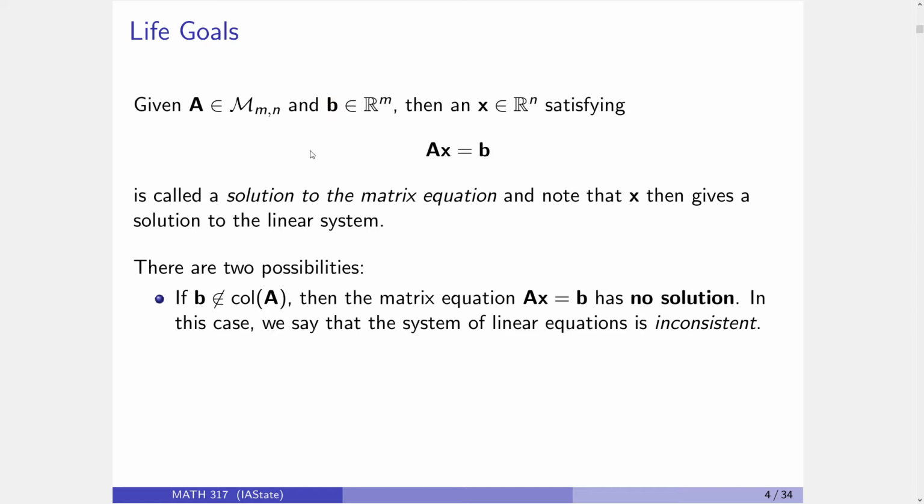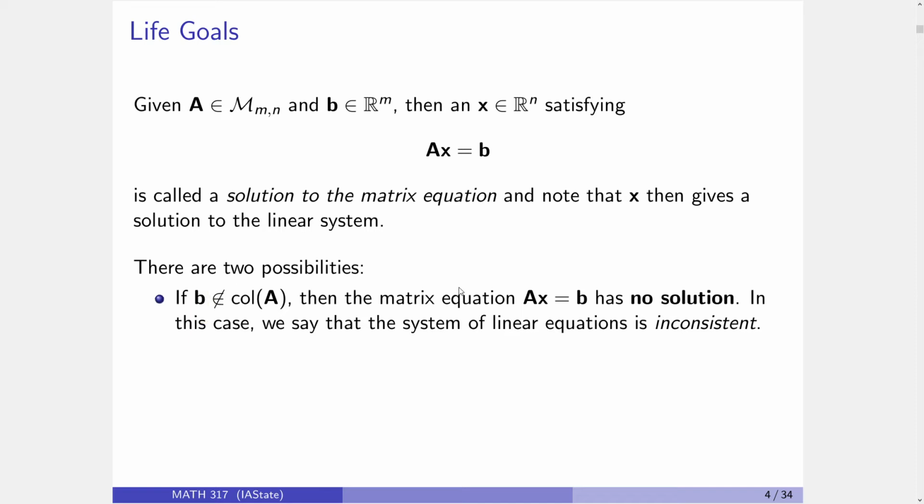Okay, so A and B are already locked down, so I can immediately just ask, well, is B in the column space? If B fails to be in the column space, then there is no hope of solving this. Right. If B is not in the column space, but I can find an X that makes this work, well, then B would be in the column space, and that's contradictory.